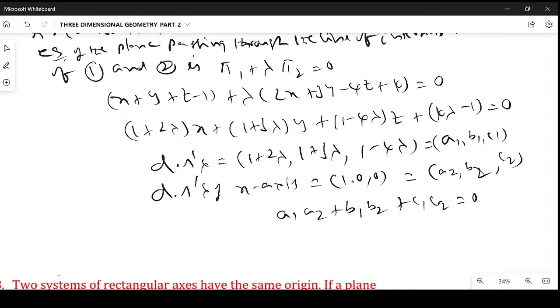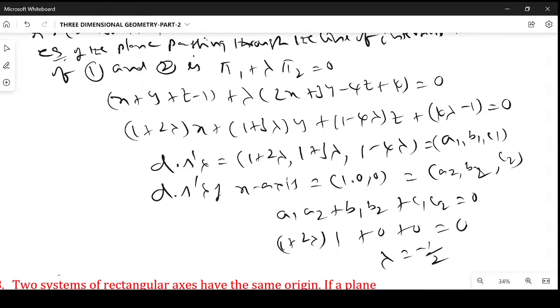You can substitute the values now: 1 plus 2 lambda into 1, the other terms are 0 plus 0 plus 0. So 1 plus 2 lambda equal to 0, so lambda equals minus 1 by 2. Correct. So they are asking for the plane parallel to that.